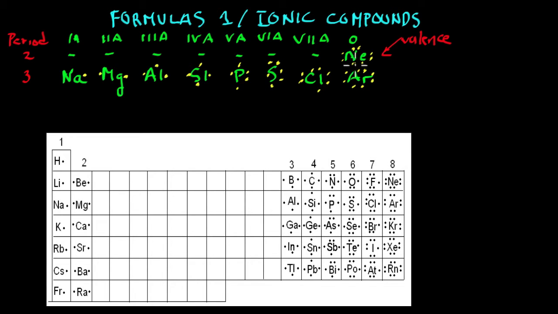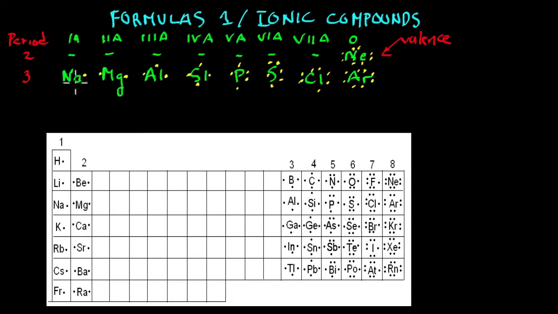Octets, we found, were very stable, whether they're in an atom or whether an atom gains or loses electrons to become an ion. When they achieve what appears to be to another atom an octet, they don't react. For instance, sodium. Notice it has 1 valence electron.